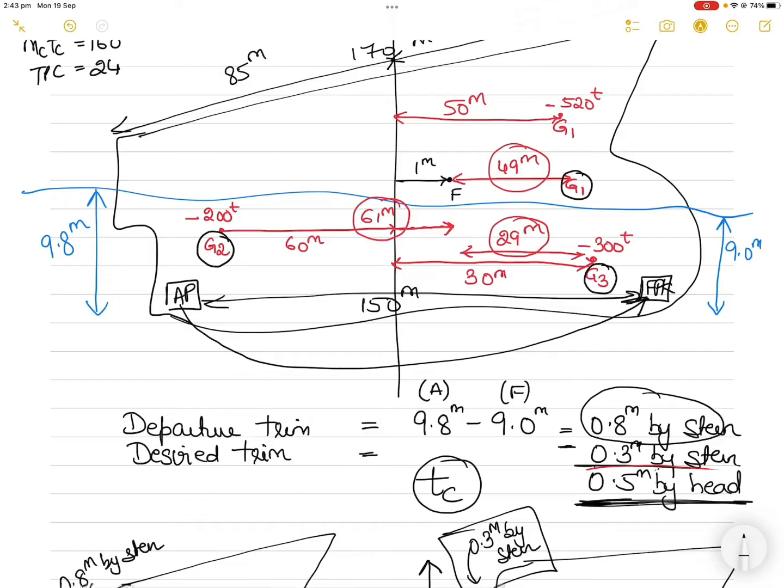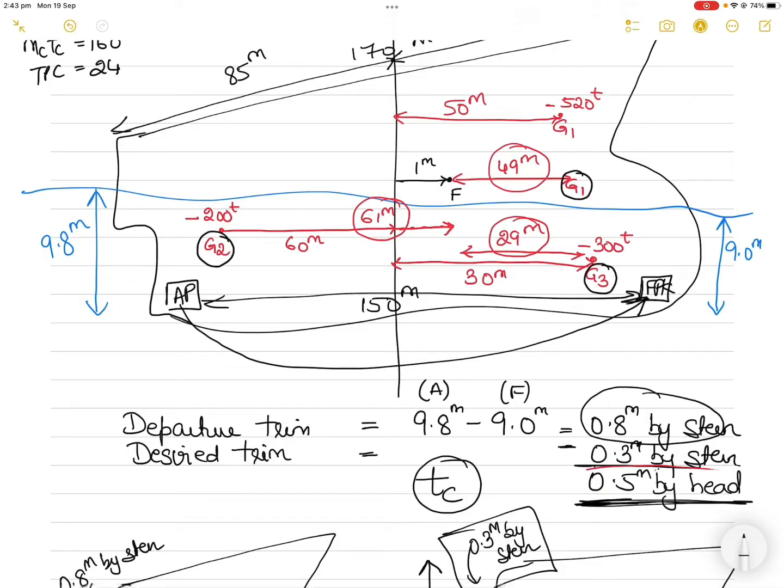Remember, we are only interested in the distances from the center of flotation to the center of gravity of the tank space or cargo space from where weight is being loaded, discharged or shifted. We are not interested in HG. That is only given to give us an indication of where the center of flotation is. Similarly, the distance from center of flotation to G2 is 60 plus 1, 61 meters.